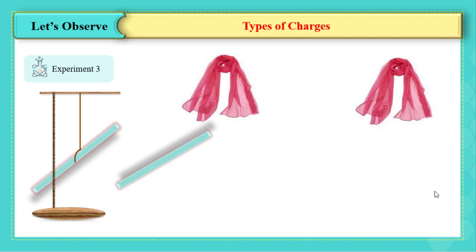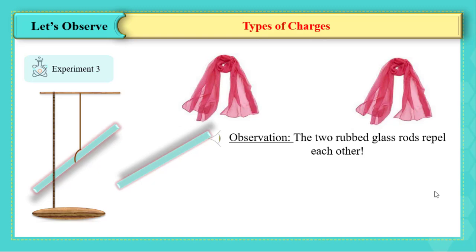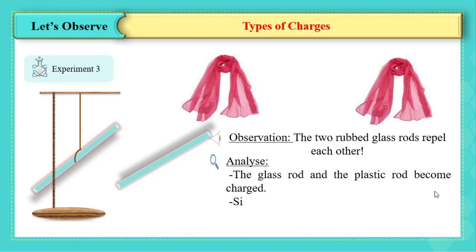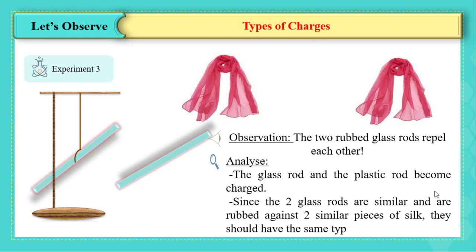We observe that the two rubbed glass rods repel each other. Finally, we can analyze that the glass rods became charged, and since the two glass rods are similar and are rubbed against two similar pieces of silk, then they should have the same type of charge.